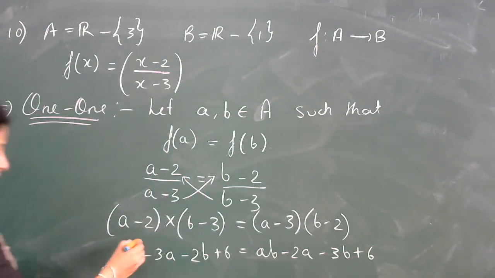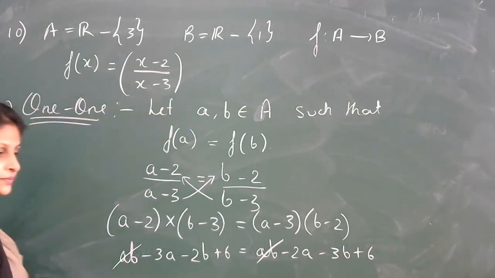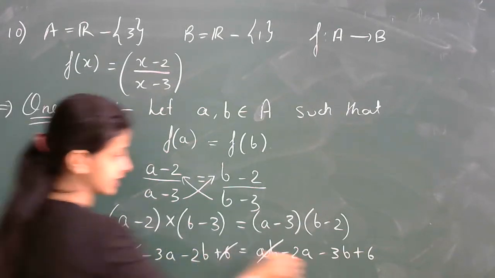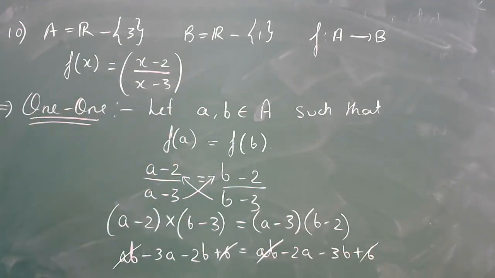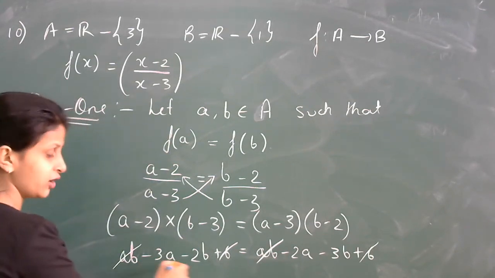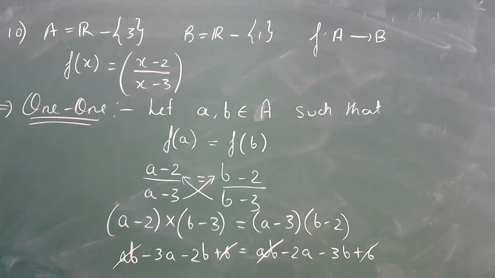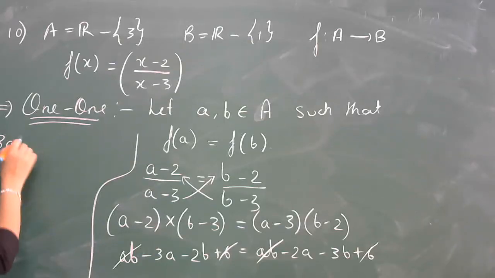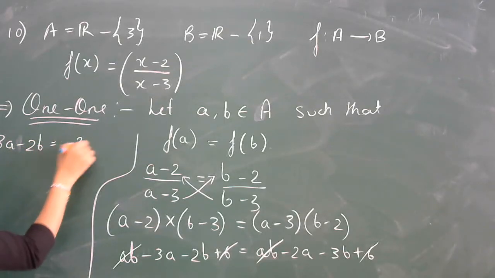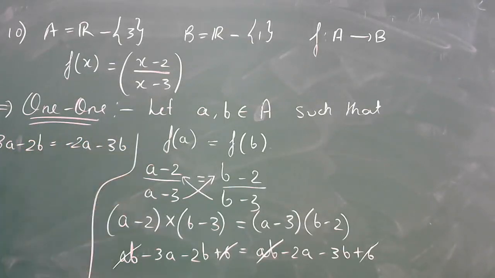So from both sides, ab is cancelled. 6 is cancelled. Right? If I take this minus 3a on the other side, see, what all is remaining?